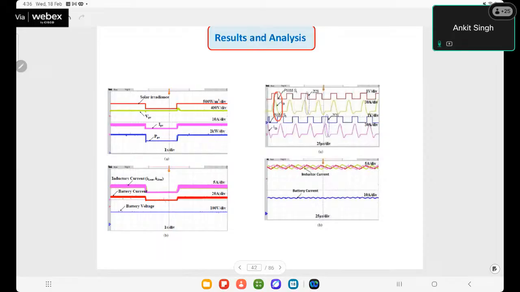For the switches S1 and S3, I have shown here that when the PWM is going to zero, the current through the switch S1 is going to zero. So this ensures the zero current switching operation of the converter.